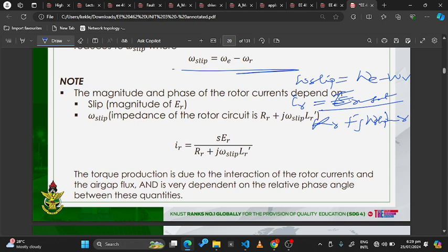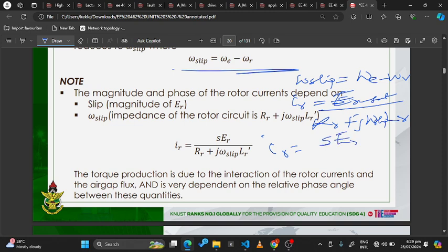Is that okay? But if you want to write this in terms of the EMF, because there's no E rotating, but we know the E induced at standstill, then IR at any speed is what?